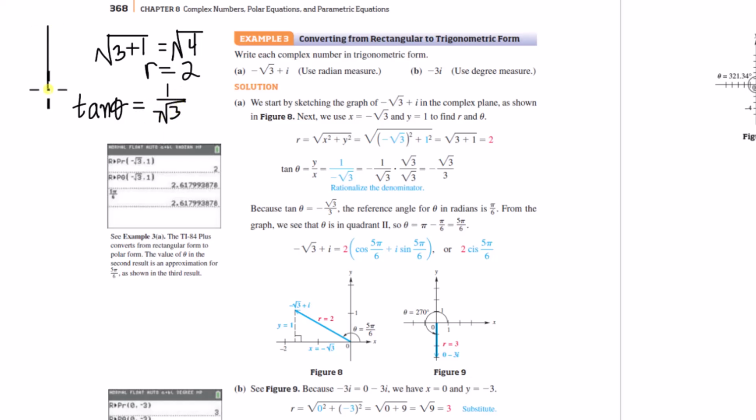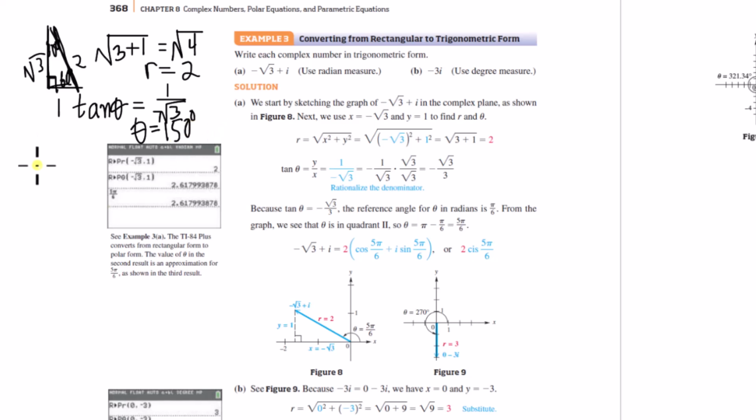So we've got the 30, 60, 90 triangle, but they want us to do this in radians. But, okay. So 1, root 3, 2. Tangent of 30 is opposite over adjacent. So what's going to come out of this is minus 30 degrees, but 30 degrees is the reference angle. We're in quadrant 2, so what's that? 180 minus 30, 150 degrees is theta.